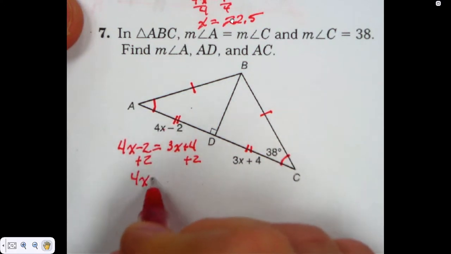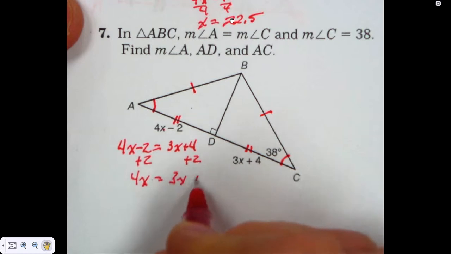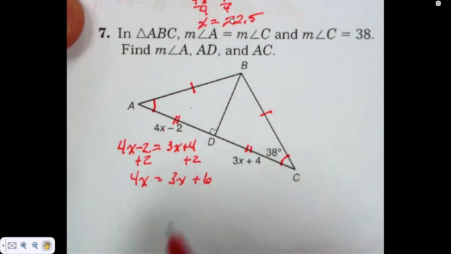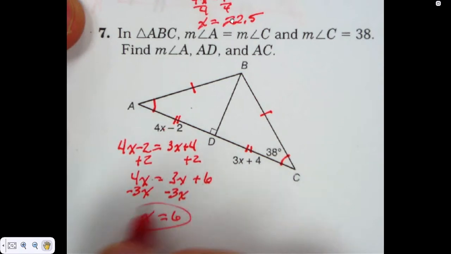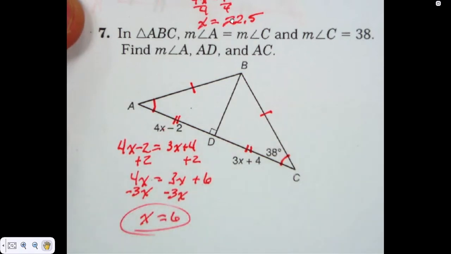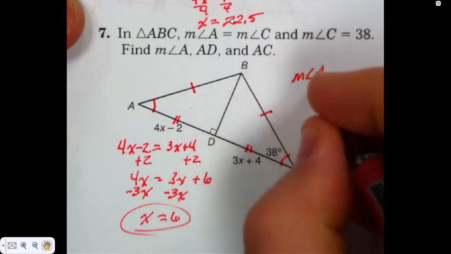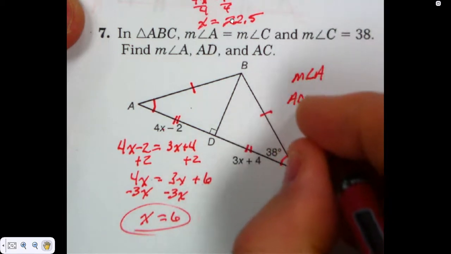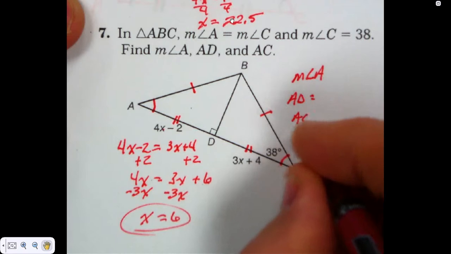I get 4x is equal to 3x plus what? 6. What's my next step? Subtract 3x, and I get x is equal to what? Now, is that what they asked for? They asked for the measure of angle A, what AD is, and what AC is.